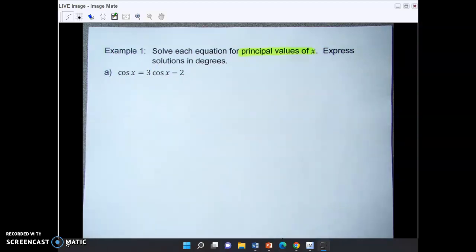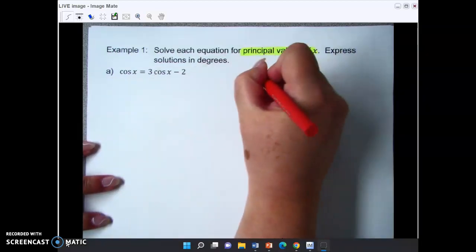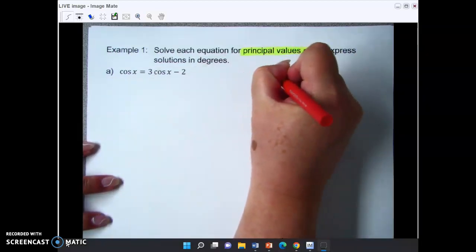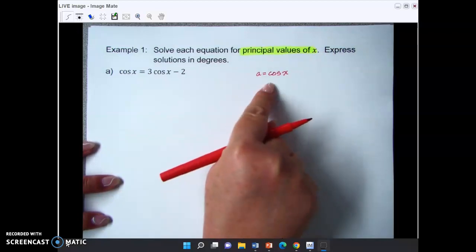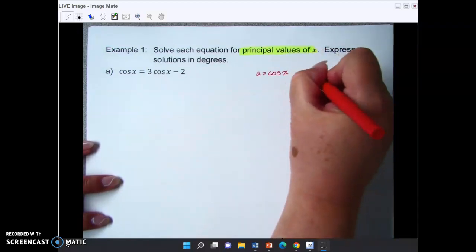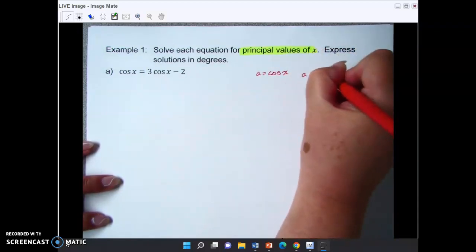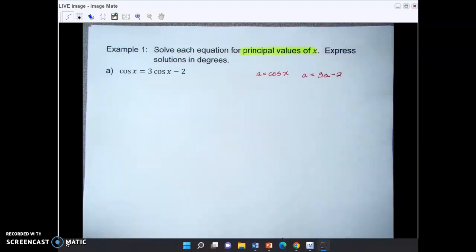So I'm going to solve this just like I would solve an algebraic equation. For example, if I let a equal the cosine of x, this would say a is equal to 3a minus 2, just substituting a for the cosine of x.